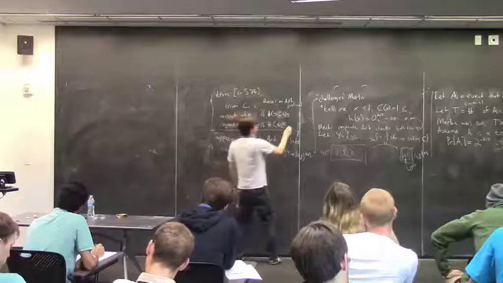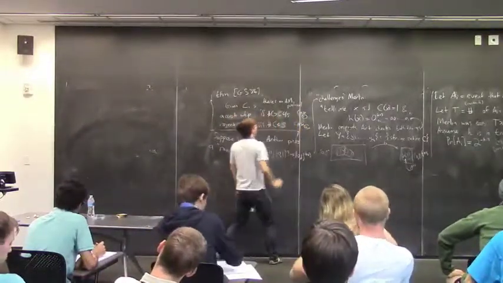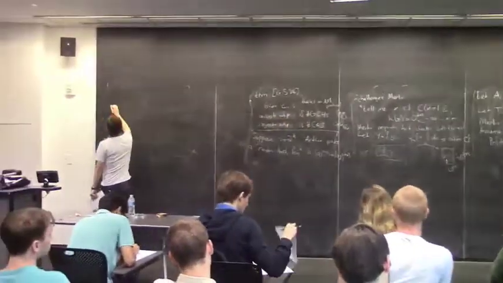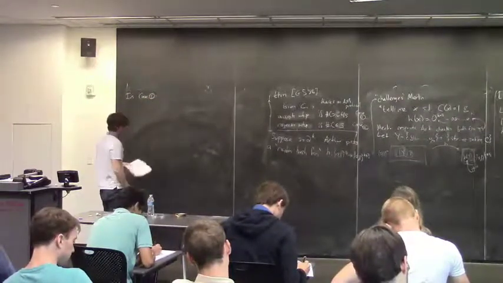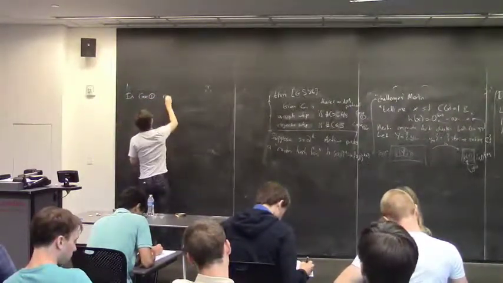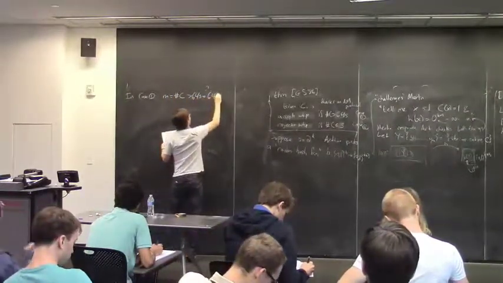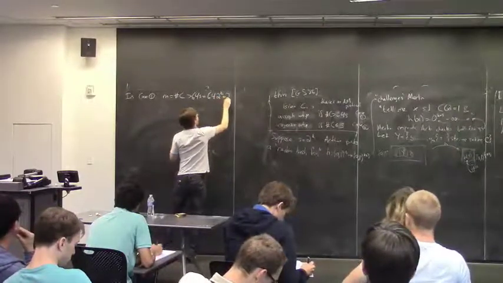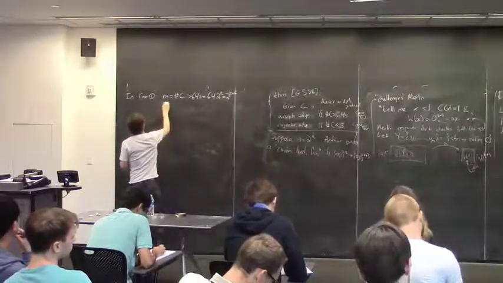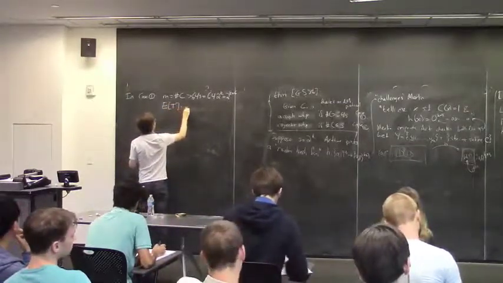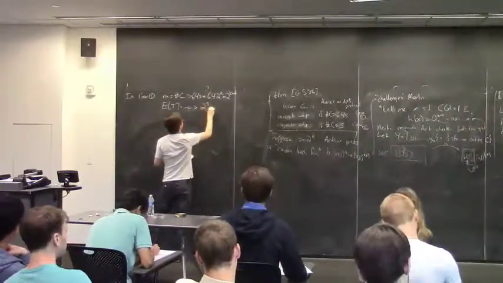And I'll call this case 1. Call this case 2. So in case 1, when sharp C is bigger than 64s, the expected value of T, which is MP, is bigger than 2 to the 3, which is 8.